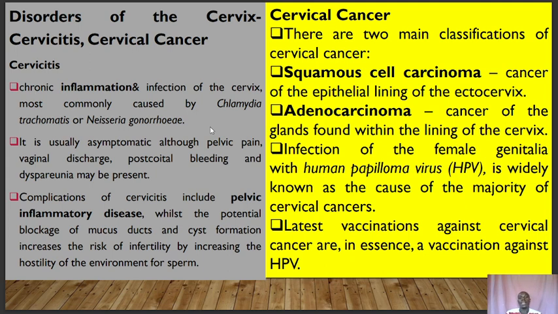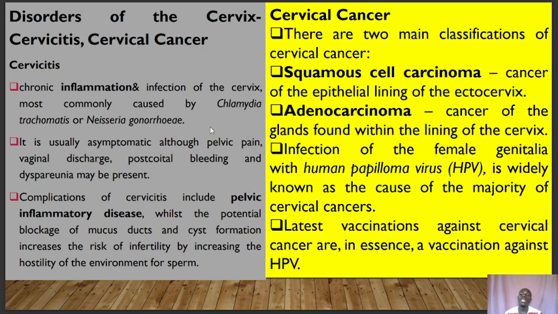Okay, next we have cervical cancer, and there are two main classifications. We have the squamous cell carcinoma, which is cancer of the epithelium lining of the ectocervix. And we have the adenocarcinoma, the cancer of the glands found within the lining of the cervix.